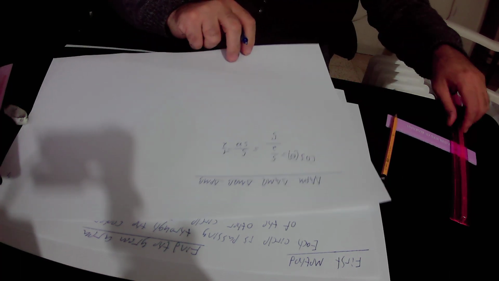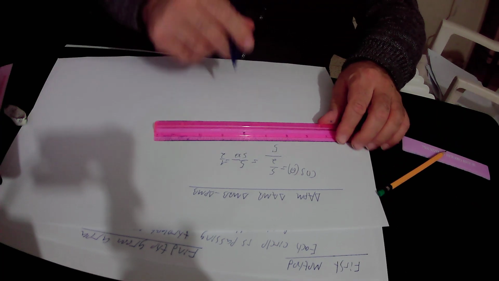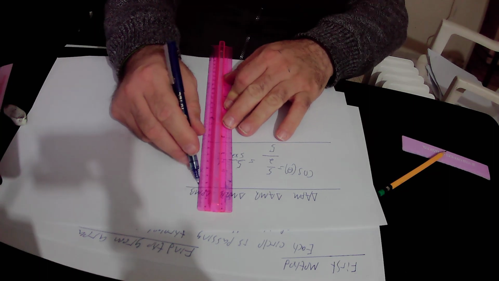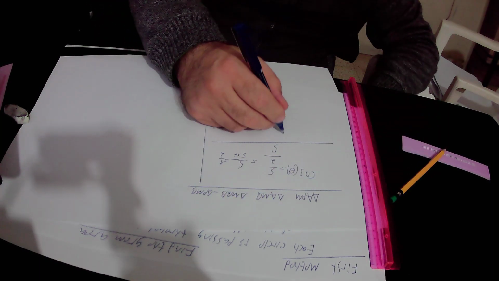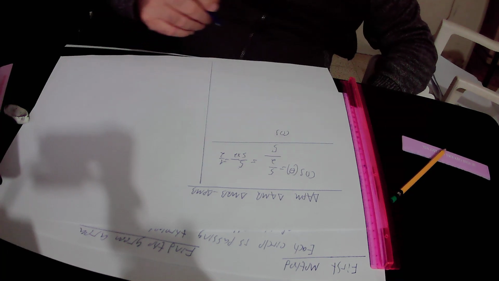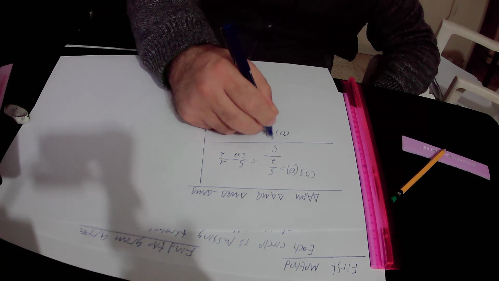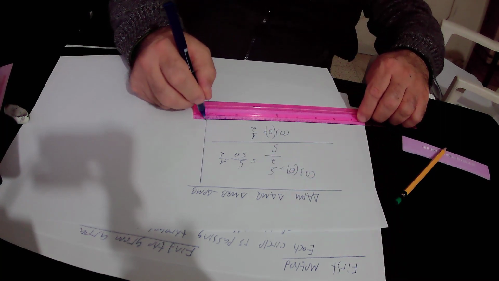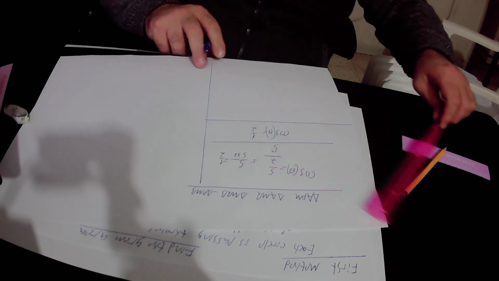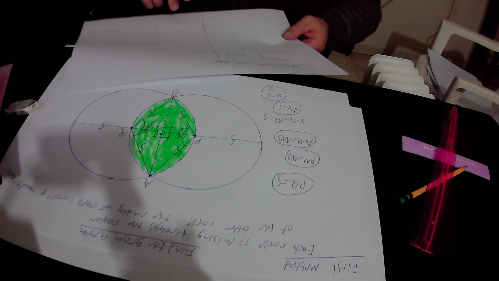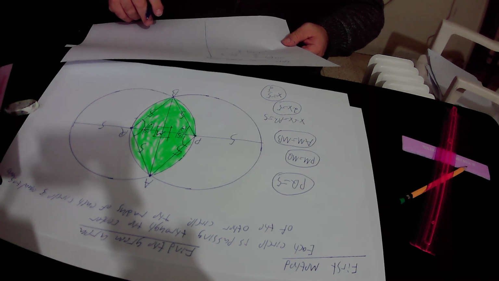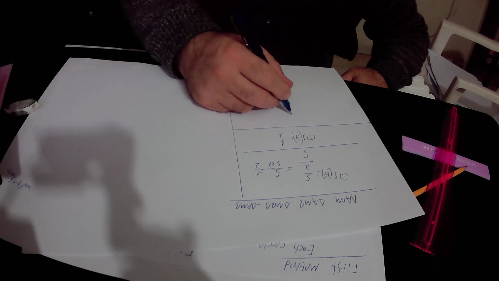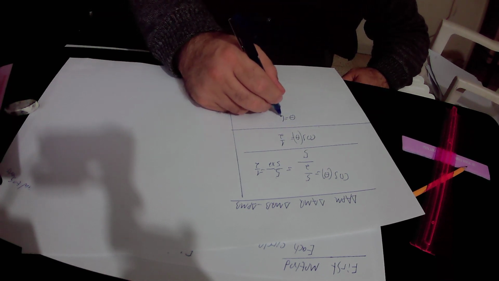So we found out that cosine theta on those four triangles equals 1 over 2, and if cosine theta equals 1 over 2, it means that theta equals 60 degrees.